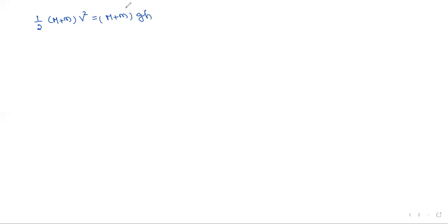Here m plus m get cancelled. I am getting v square is equal to 2gh, cross multiplication. Unnecessarily we brought the 2 to the other side. I asked for h, so h is equal to v square by 2g.